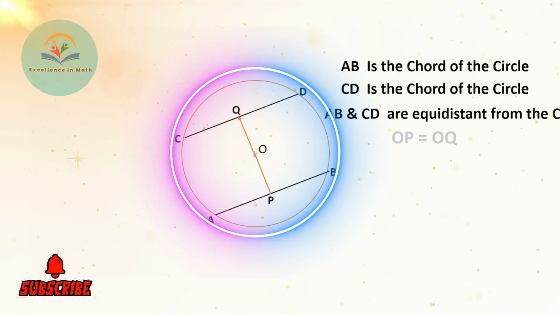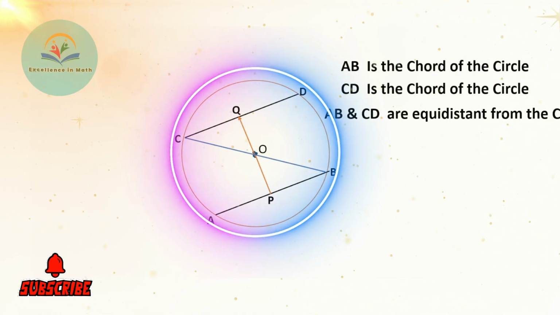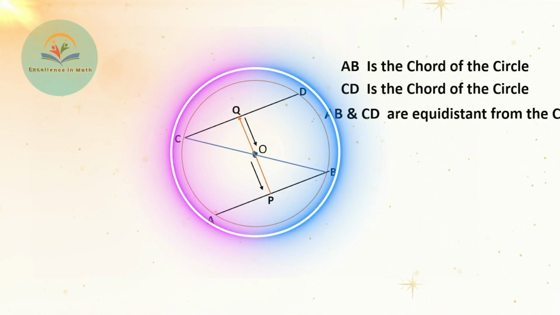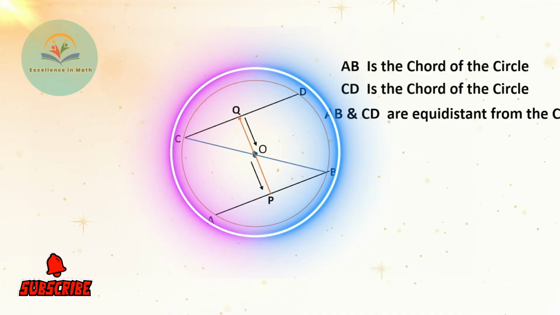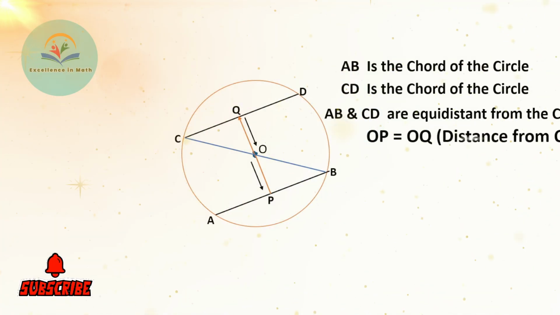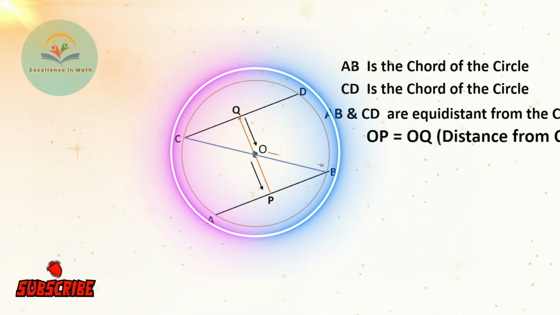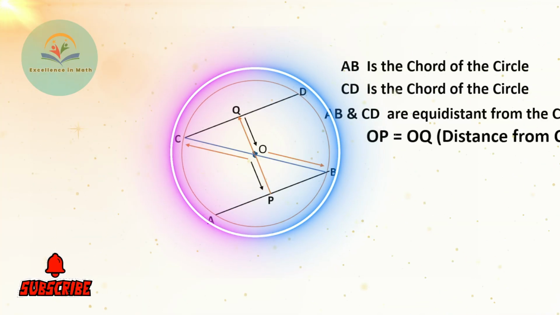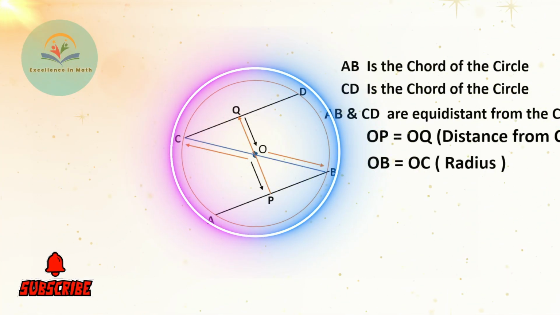Not only that, let's join OC and OB. In triangle BPO, OP and in triangle CQO, OQ are the perpendicular distances, so they are equal. The radius OB is equal to the radius OC. So we can say that OB is equal to OC.